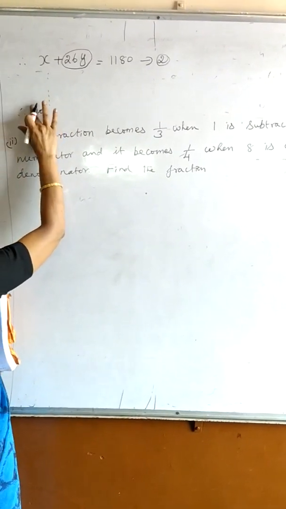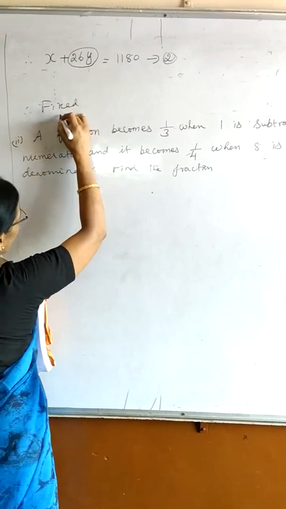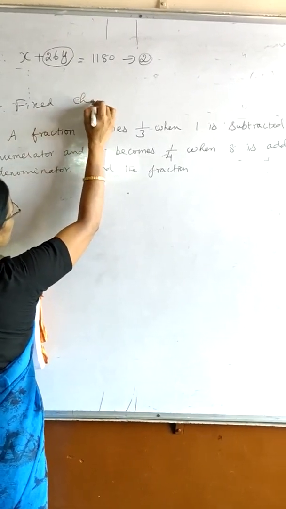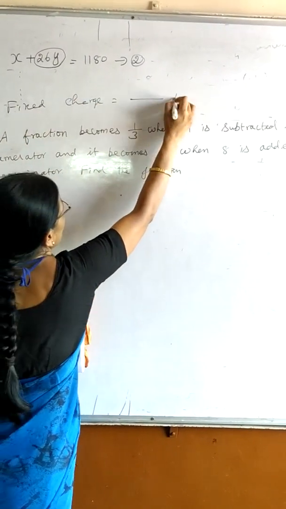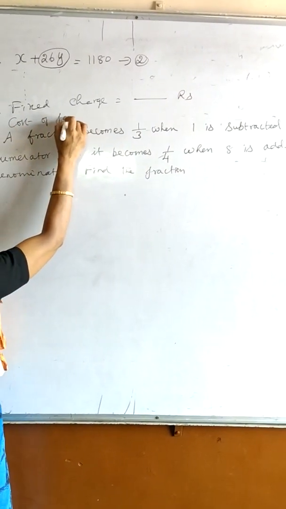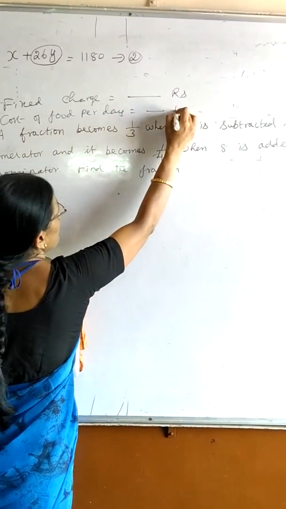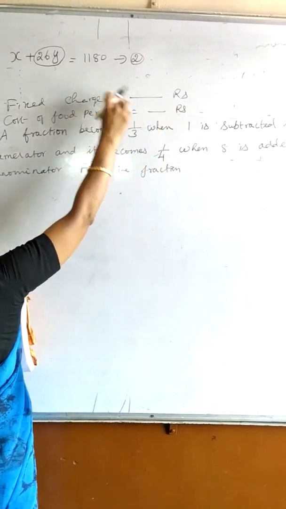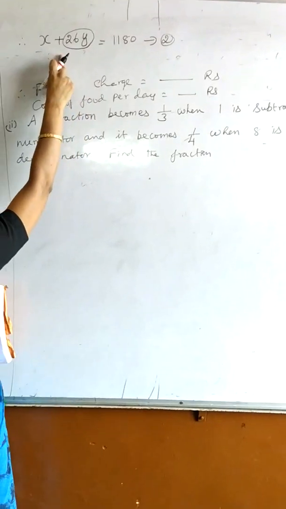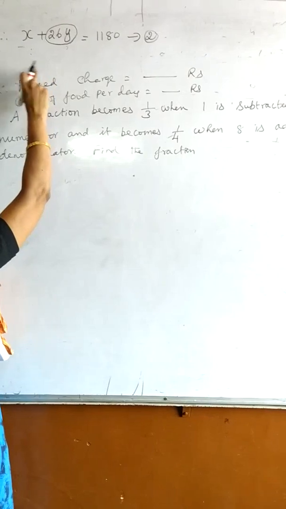Conclusion should be done for all word problems. Therefore, fixed charge equal to so many rupees and cost of food per day is equal to so many rupees. Conclusion should be like this. So, remember, you have to complete the problem. Only the solution part is left that can be completed by you.